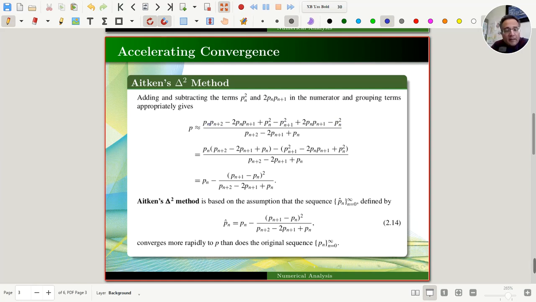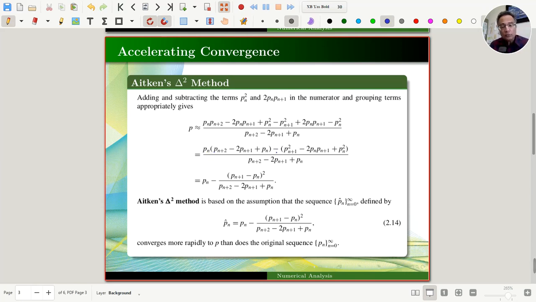Okay? In these three first terms, you factor Pn. It remains Pn+2 minus 2Pn+1 plus Pn. And here factor a minus sign, in fact. You will get Pn+1 squared minus 2Pn+1 Pn plus Pn squared.